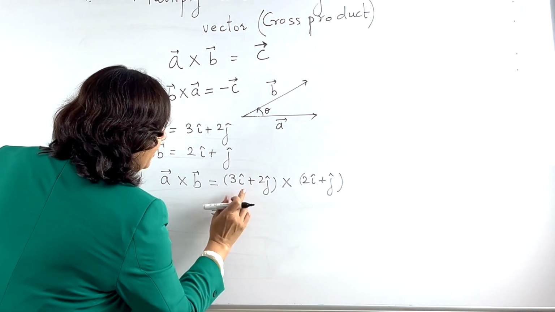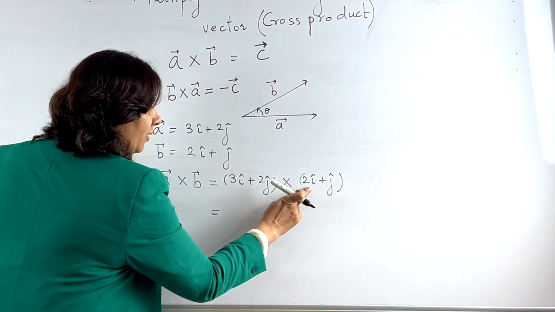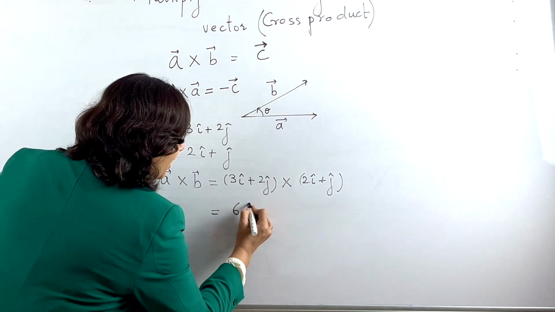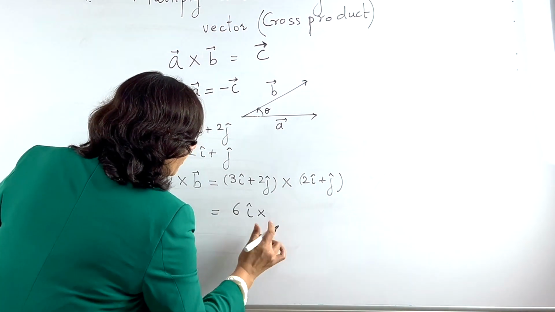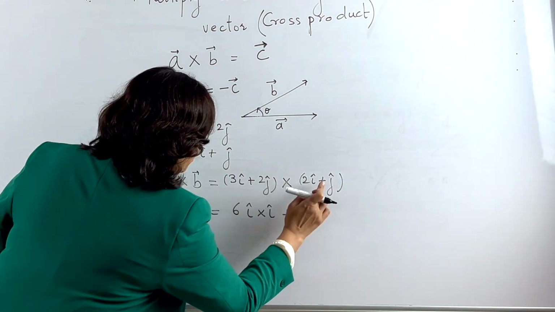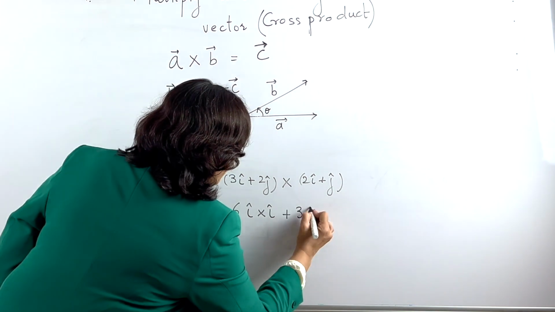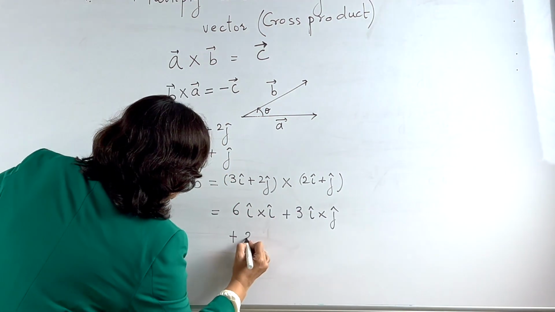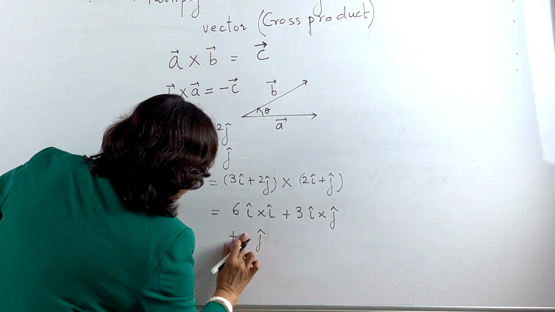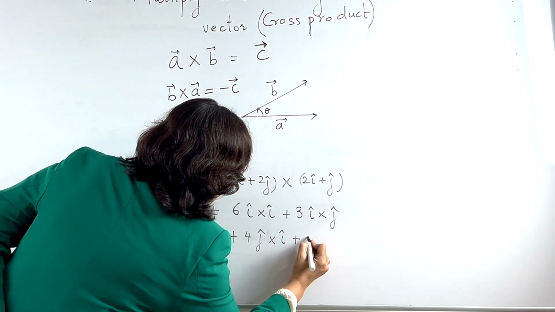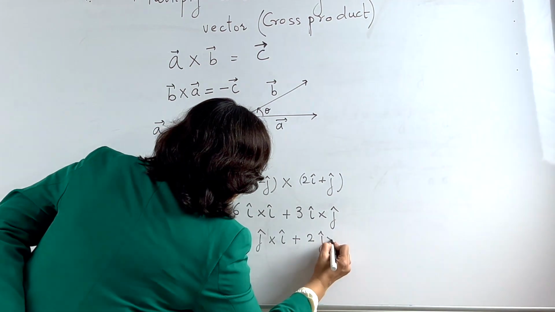When I do the cross product of this term with this term, 3 and 2 are numbers, it will give me 6 i cross i plus 3 i cross j plus 2 into 2 will be 4, j cross i plus 2 j cross j.